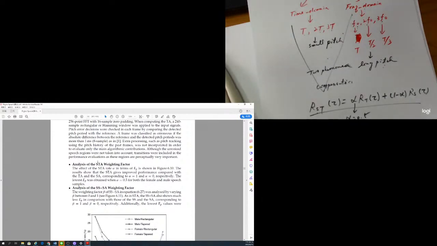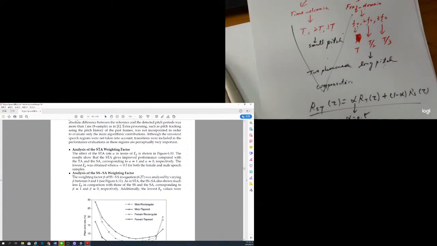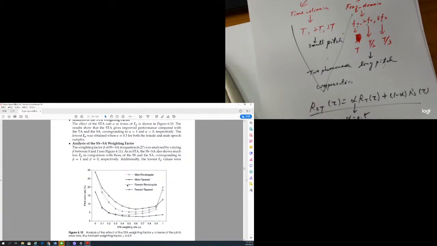They are trying to find the best weighting function for the combination. When we're talking about the spectral autocorrelation and time domain temporal autocorrelation, and the other one, the synthetic spectrum and spectral autocorrelation method, what's the best weighting value?